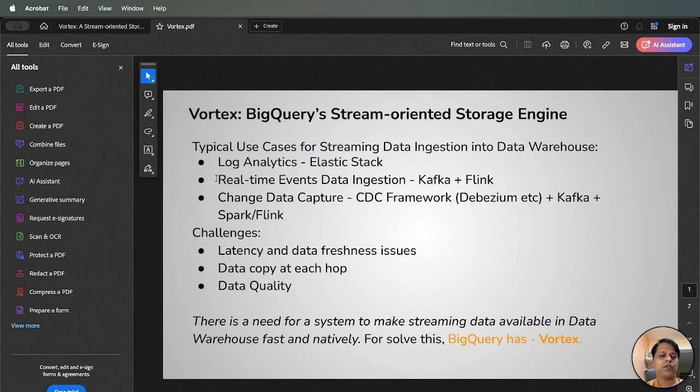Okay, so the general use cases for streaming are log analytics. So the systems are generating logs, or maybe some different applications are generating data and logs, and we want to perform analytics on top of it. And we have certain systems which are specialized in those areas. An example is Elasticsearch.